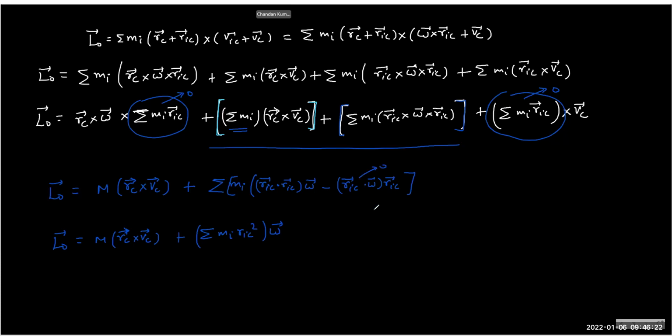Because the r_i c and the omega will be mutually perpendicular. We discussed the plane motion. So in plane motion, we know that the omega vector and the r_i c vector, r_i c will be in the plane and omega is normal to the plane. Therefore, the dot will be 0. So we also ignore this term. So we are left with only this term.